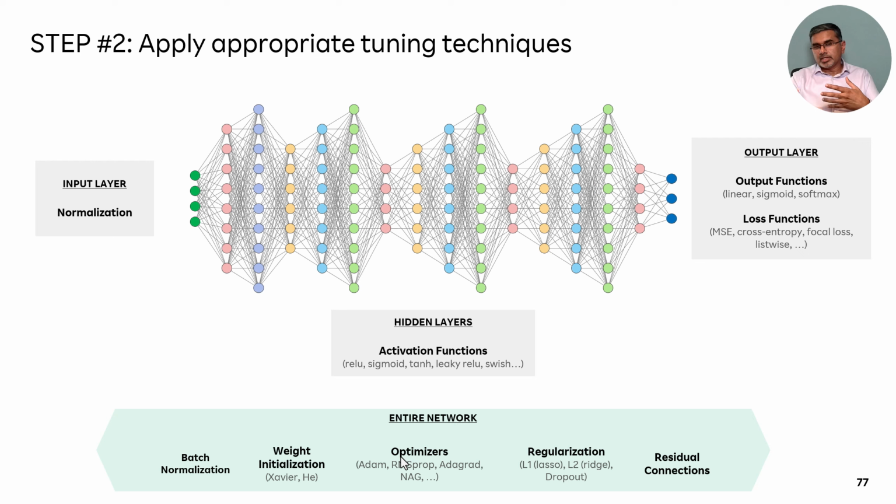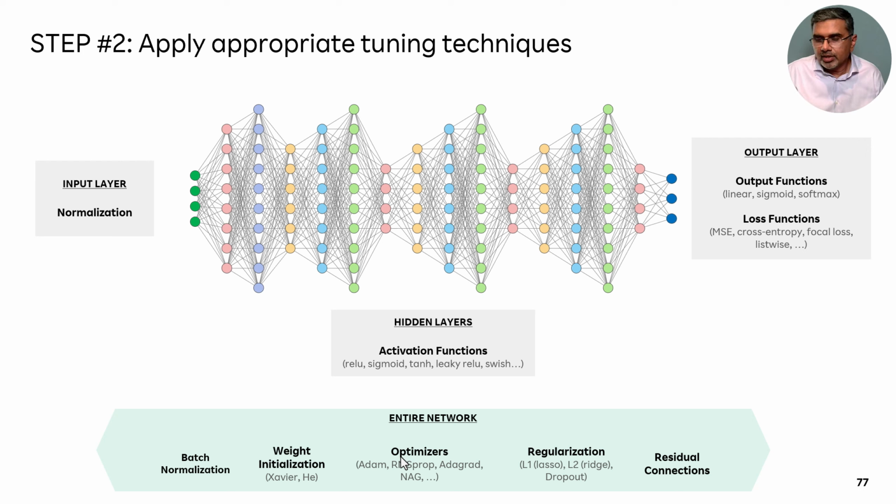We studied this technique of using momentum as a way to basically build up enough speed so you can get past the local minimas and get to your global minima. I showed you there are different options for doing optimizers like Adam, RMSprop, and NAG, and so on. And as I said, I'll do another episode later on where I'll go into more nuances of these optimizers. But we did study how to use these things using the Keras library.